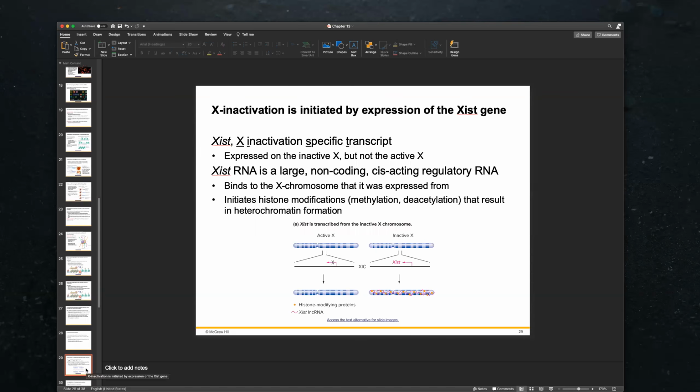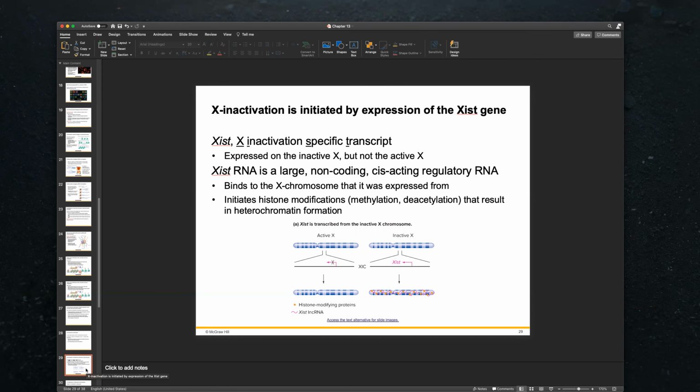X inactivation is initiated by the expression of the XIST gene, however you pronounce it. XIST stands for X inactivation specific transcript. It's expressed on the inactive X, but not the active one. The RNA for it is a large, non-coding, cis-acting regulatory RNA.